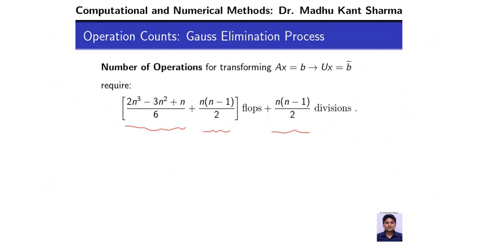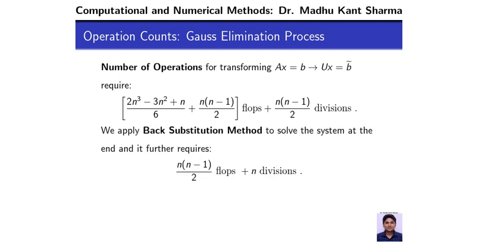If you open this up, the highest power is n cube, and 2 by 6 is 1 by 3. So this is how the number of operations for Gauss elimination will be of order big O of n cube by 3.